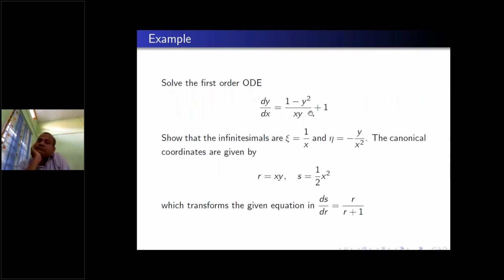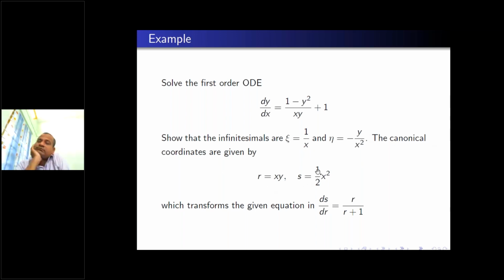So we can say that all the standard form ODEs use symmetry. Consider dy/dx = (1 minus y squared) upon (x squared y plus 1), which is a non-linear equation and does not fit any standard form. We'll solve it by the symmetry method. Here we'll show that the infinitesimals are xi is equal to 1 by x and eta is equal to minus y by x squared.